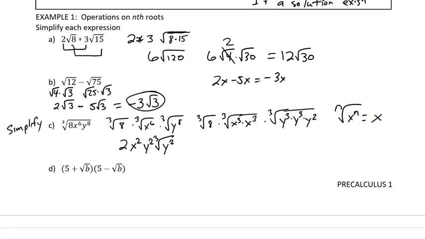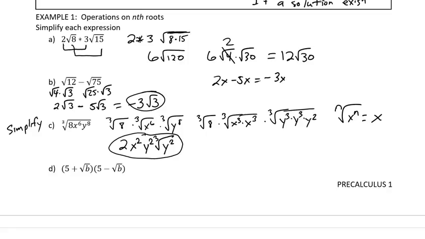So essentially that's what's happening here: this 3 and this 3 are canceling, and that leaves me one of the two x's, and then this 3 and this 3 are canceling, leaving me the other. And that's where it comes from. But the shortcut is just to divide your exponents, which works just as well.